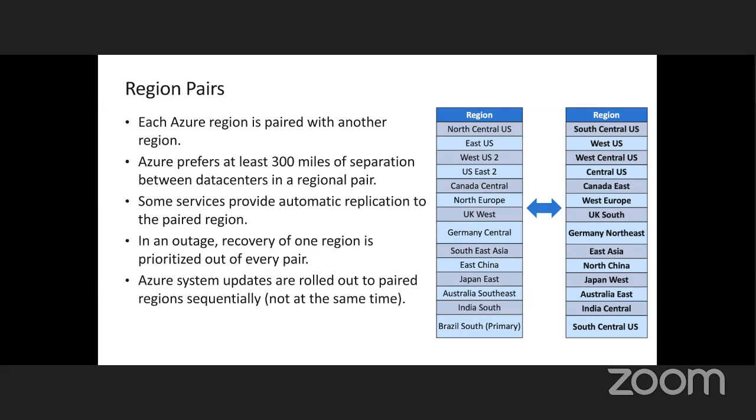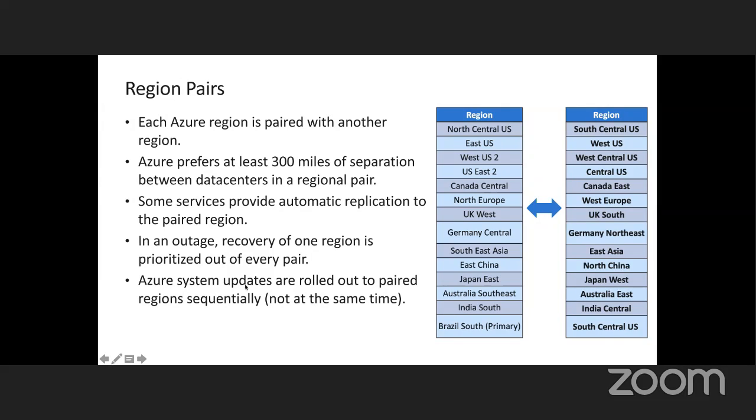Okay, so in an outage, recovery of one region is prioritized out of every pair. So for recovery of this region, the priority is to fail over to this one. Okay, that's the priority, the pair. So the one that is paired, there's some connection between them. So that's the one that it defaults to in case of disaster, right?